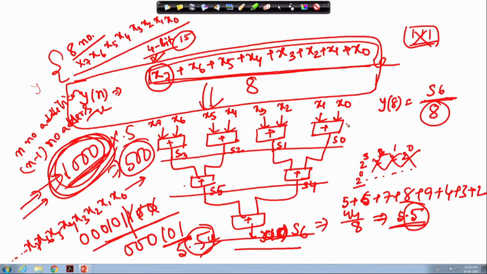If I consider the delay for each adder as 5 nanoseconds, and I need to put the resistors over here. For each of the inputs there will be a resistor, and on the output side a resistor also will be there, right.